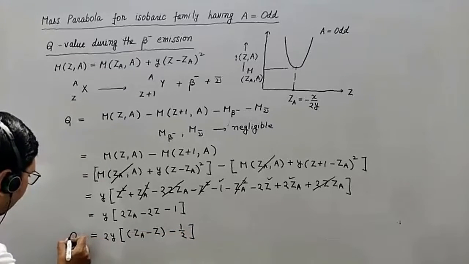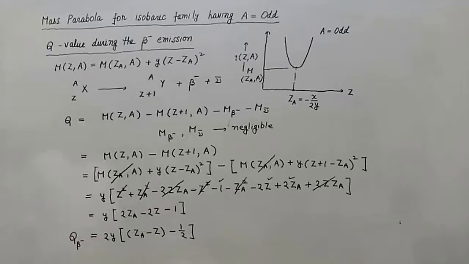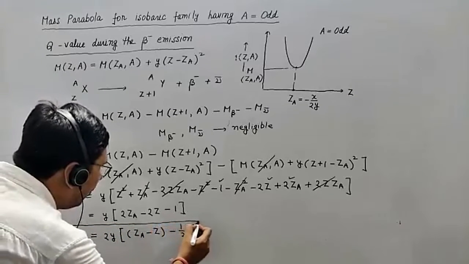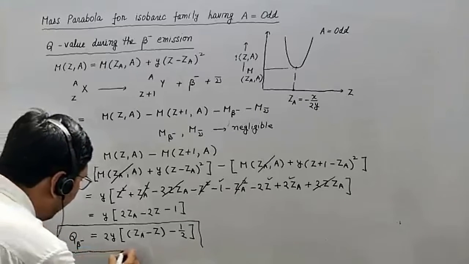So this is the Q value for the beta minus process. For this beta minus emission process, this is the formula for Q value.